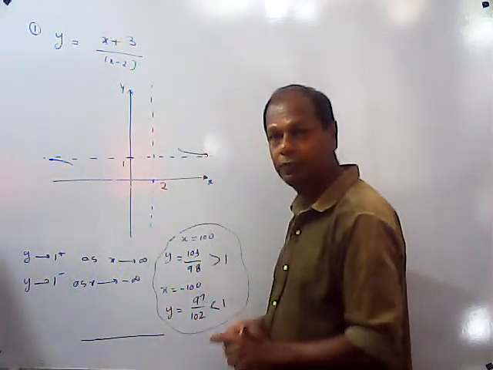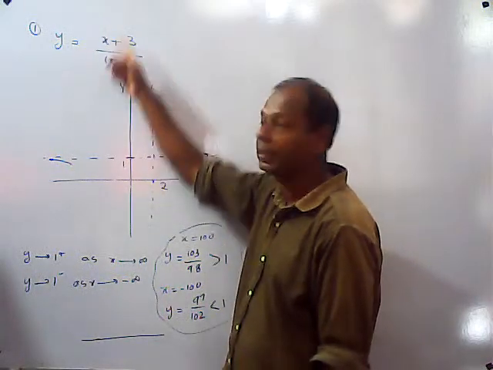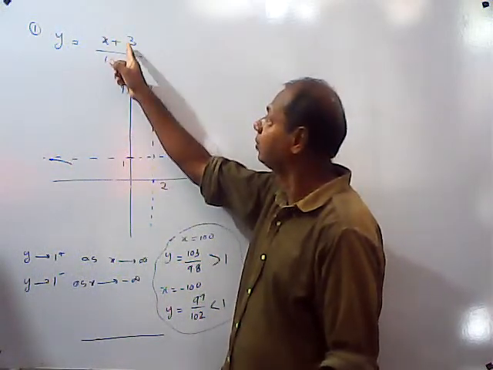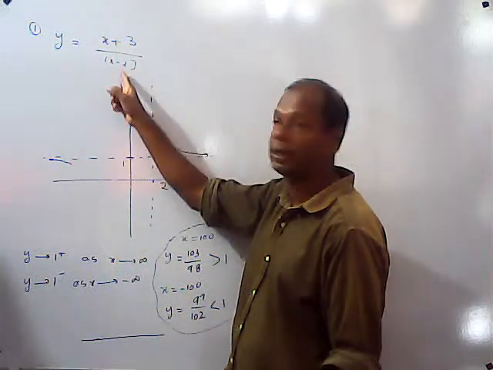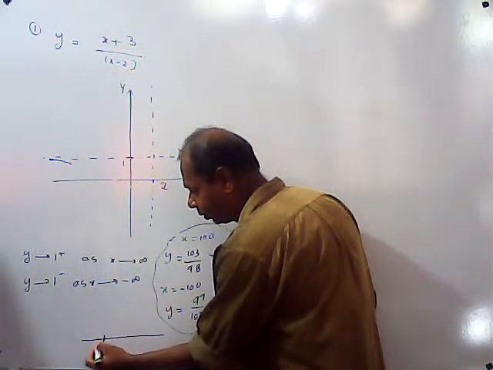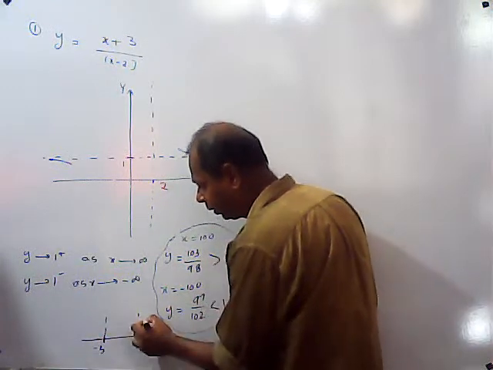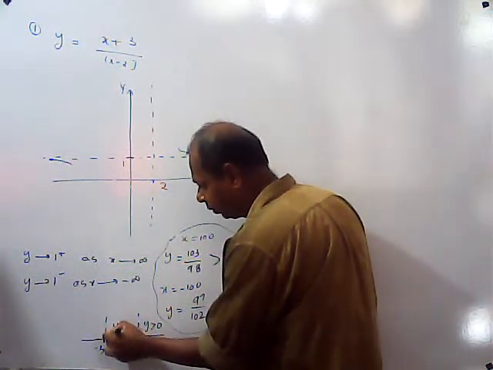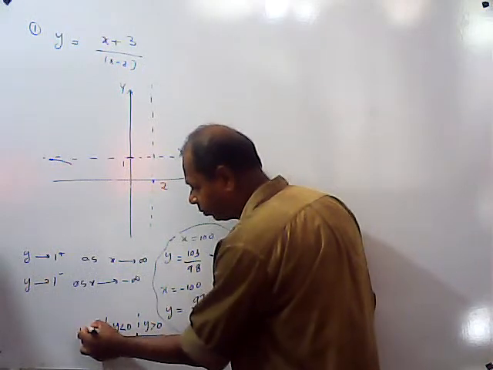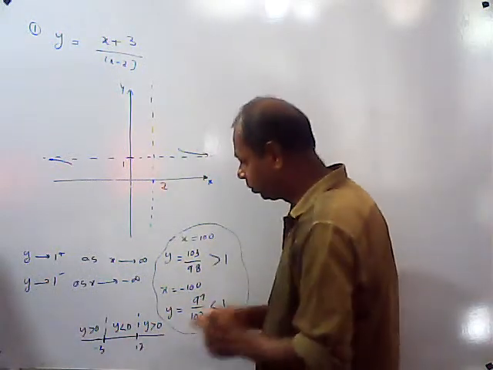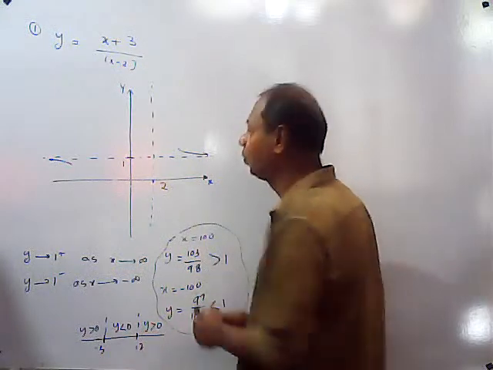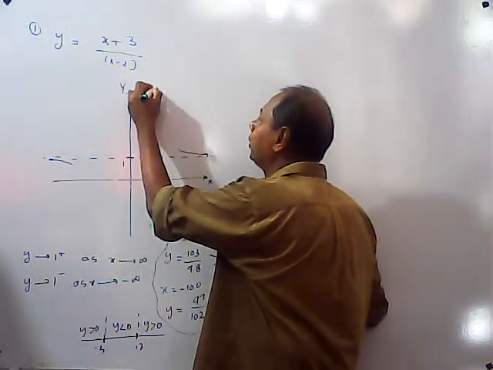To check the sign of y, we have to consider both the factors. This gives critical points minus 3 and plus 2. Here y is positive, y is negative, y is positive again. So right up to it is positive, then it goes to positive infinity.